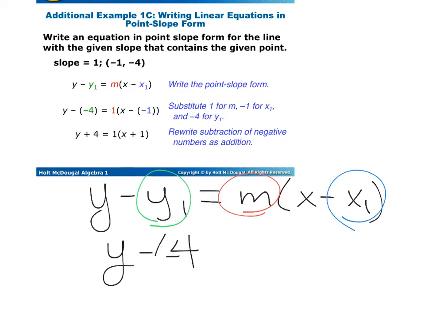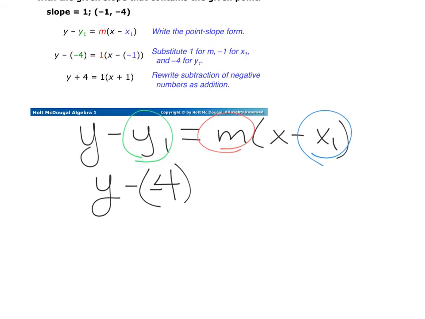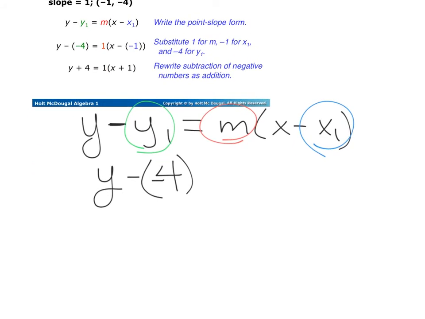Okay, and notice it's a negative. Everybody see that? Because this negative sign is this. The y1 is -4. So when it's negative, this is going to turn plus. It's the only thing I really want you to simplify when it says point slope.